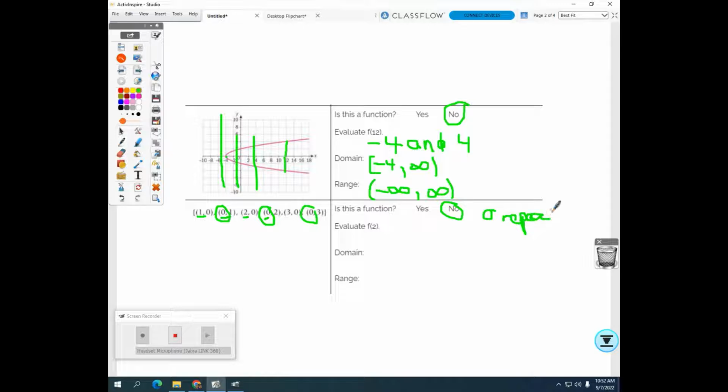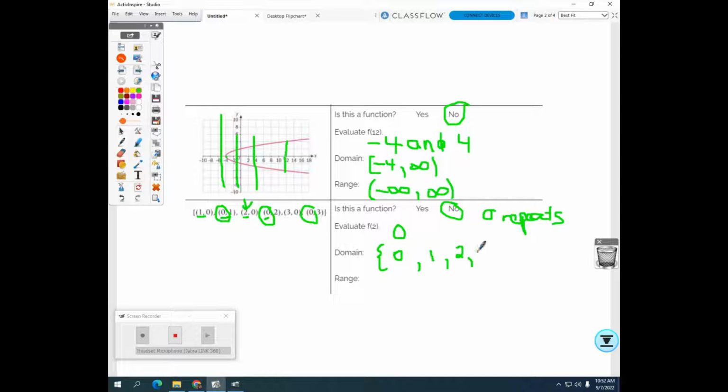Repeats. Okay, evaluate f of 2. So when the input is 2, the only output is 0. And my domain, I'm going to do my squiggly bracket, and I'm going to list out all my x's. So my lowest x is 0, then I have 1, then I have 2, and then I have 3.